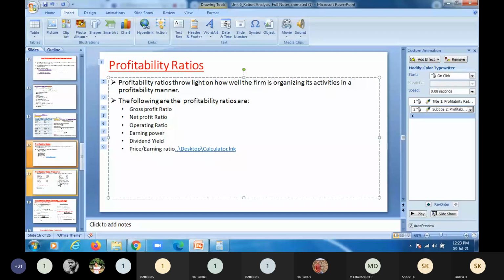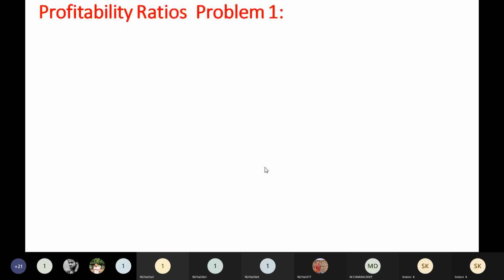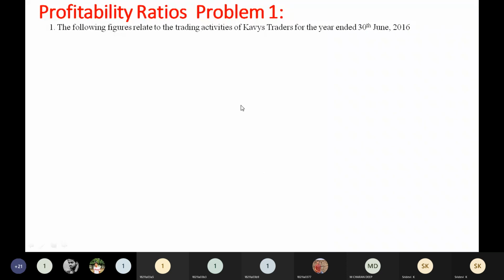See, this is the problem that we can see on the screen for calculating profitability ratios. The information is given here: Kavya Traders for the year ending 30th June 2016. They have provided you the information as follows.